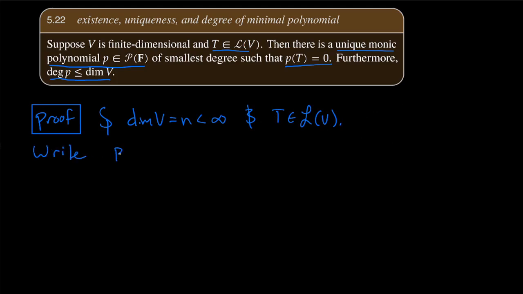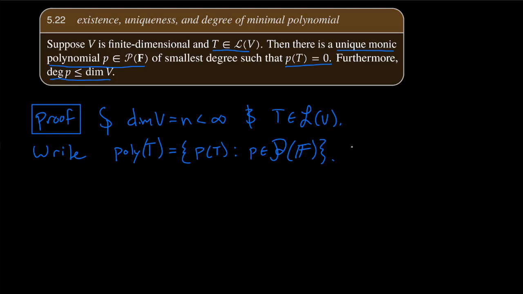Let's write Poly(t) for the subset of polynomial operators on t. So polynomials applied to t. Ooh, my tablet is freaking out there. Let's see. Okay. p(t) such that p is in the polynomials over the field.